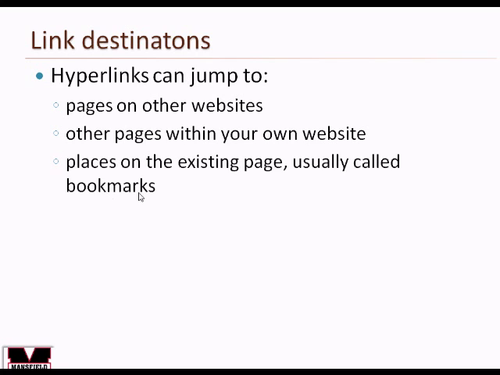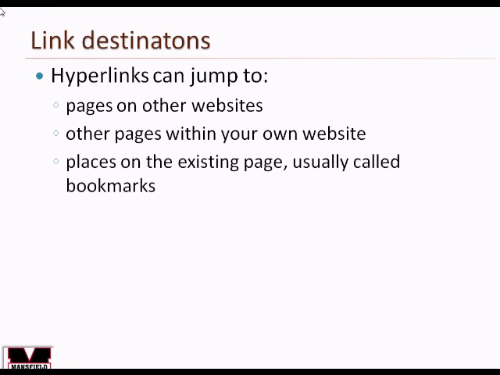It can be to another page on your own website, and it could be to a page on a completely different website. That would be like having a link to Amazon.com or something on my home page.